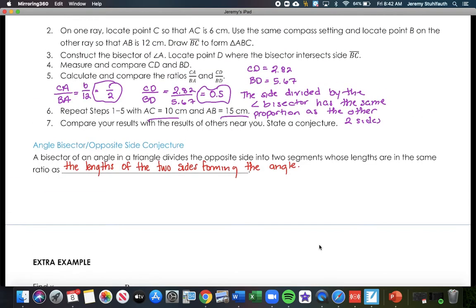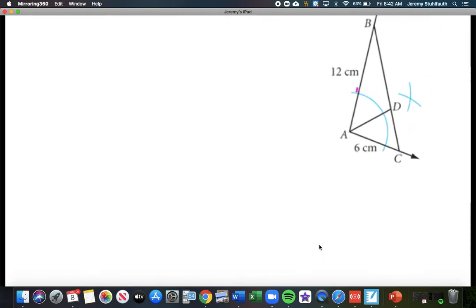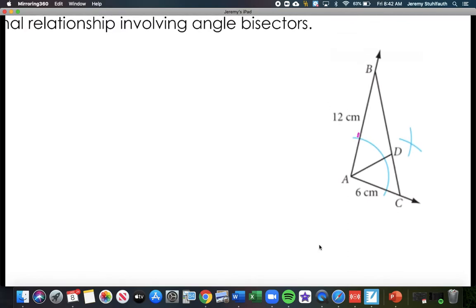Again, what that means in this picture is that you have your longer side right here. Let me make that just a little bit smaller. We have our longer side here and our shorter side here. When you have an angle bisector that divides up the third side, the ratio of the longer piece, BD, is the same as CD.